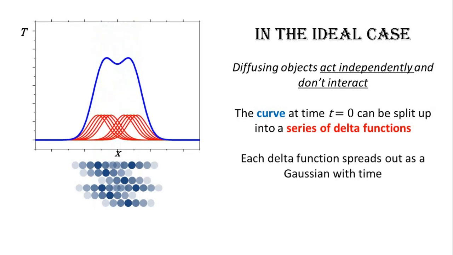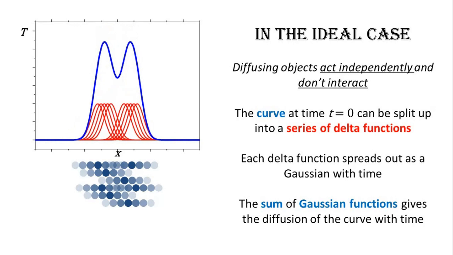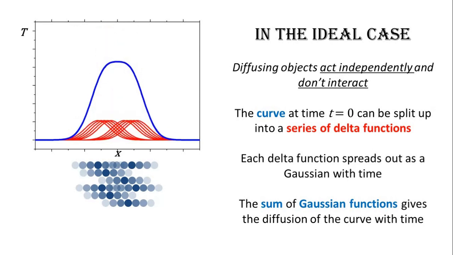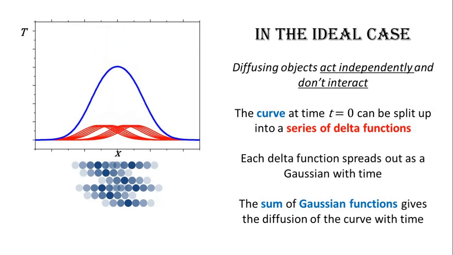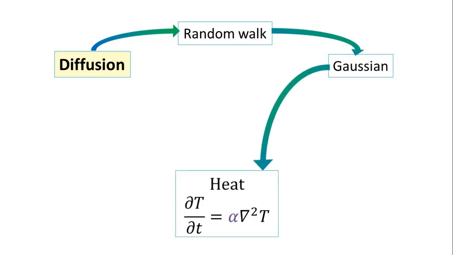As time moves forward, the evolving temperature or concentration profile looks like lots of spreading Gaussian bell curves all added together. So, diffusion is the result of a bunch of random walks, and therefore follows Gaussian statistics in the ideal case. And Gaussian statistics goes hand in hand with the heat equation.